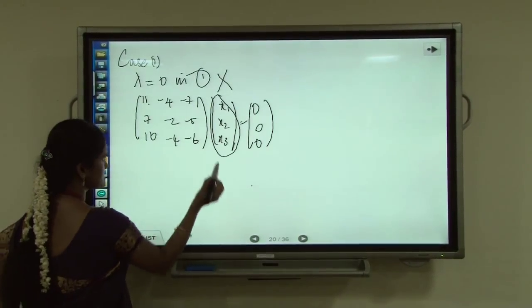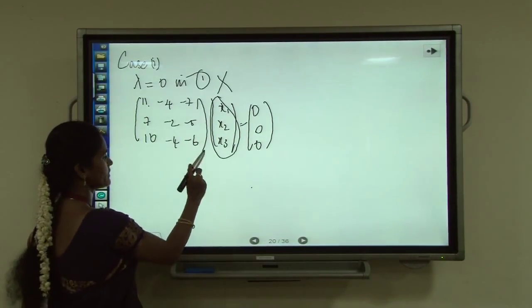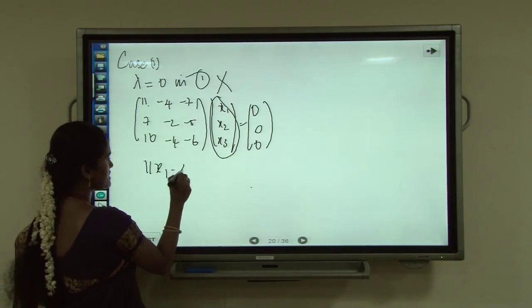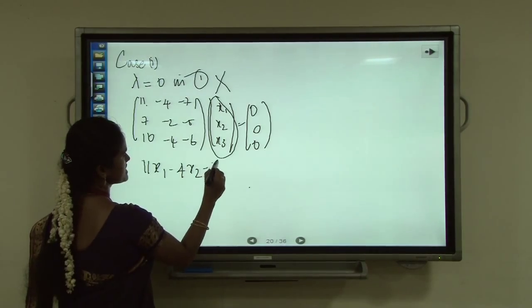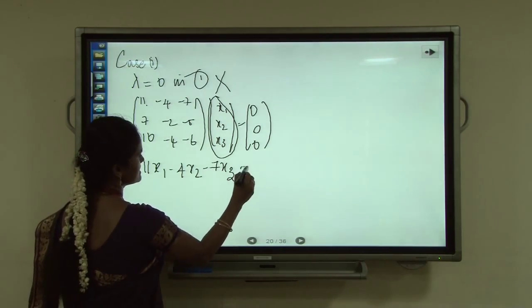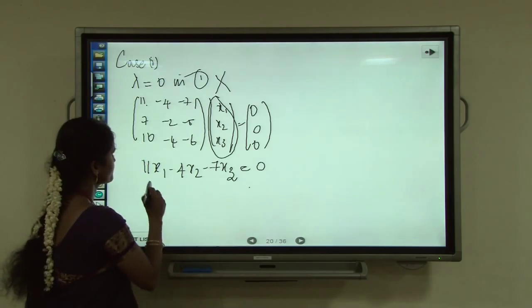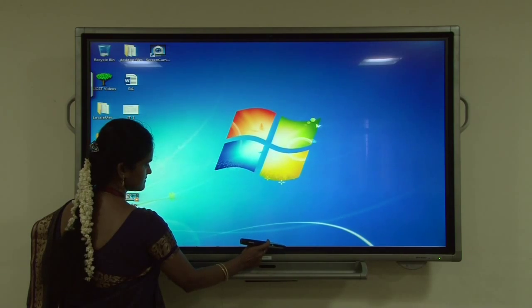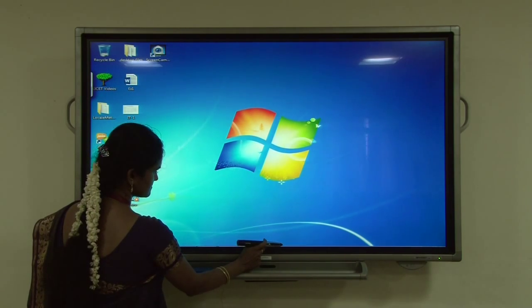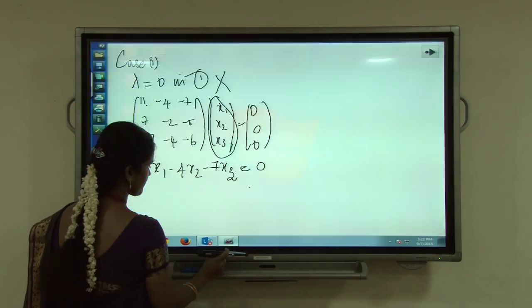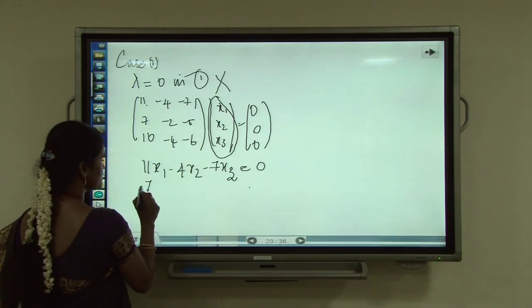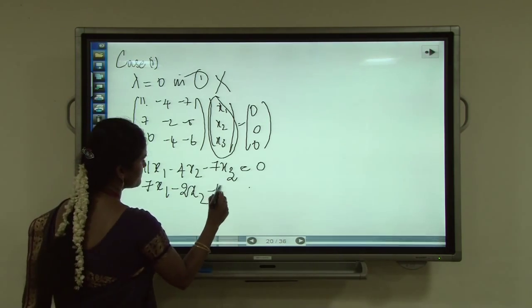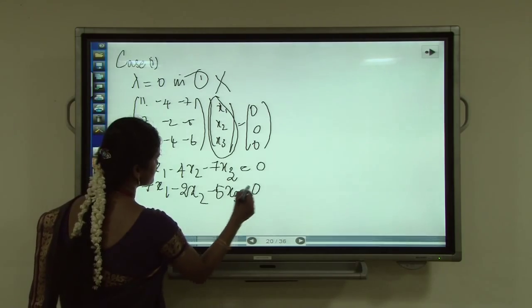Let us write the equation in terms of the matrix, which comes out as 11 x1 minus 4 x2 minus 7 x3 is equal to 0, and the next equation is going to be 7 x1 minus 2 x2 minus 5 x3 is equal to 0.